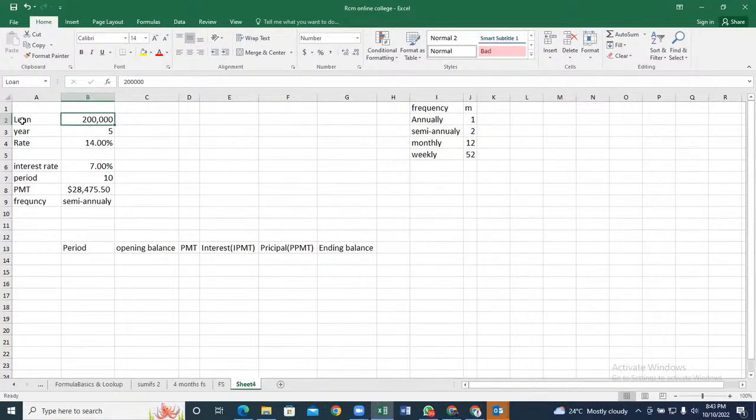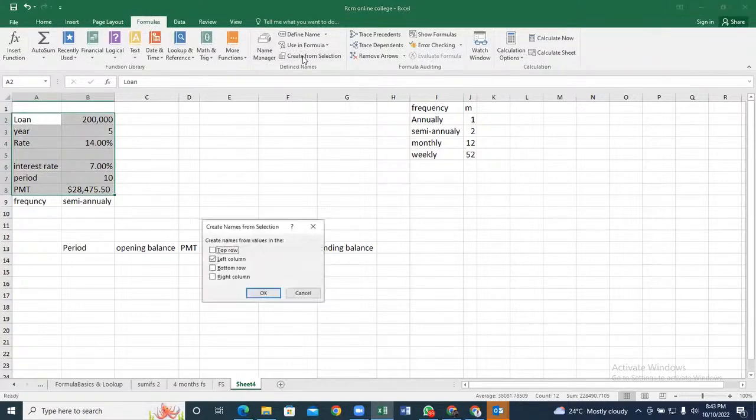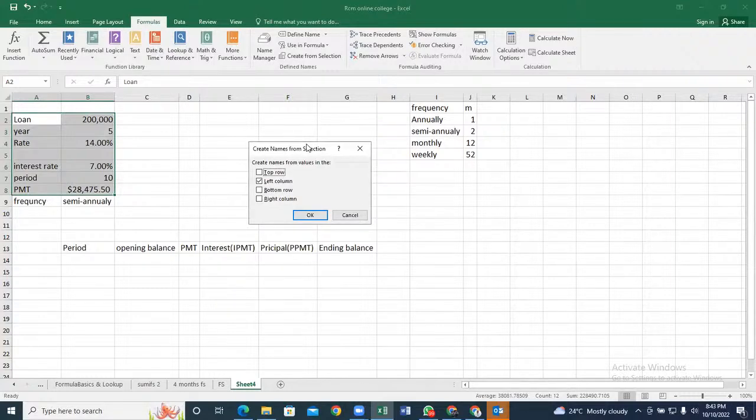Have you been able to define the names of these cells? We said you highlight all of these, move to Formulas, then you say Create from Selection. Once it appears this way, ensure that the left column box is marked, then you say okay.